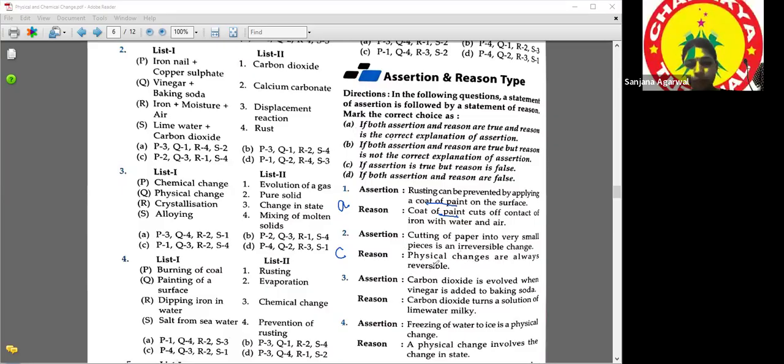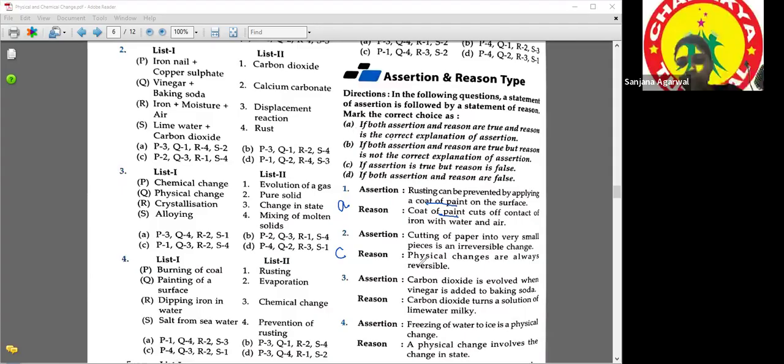Good. Third, carbon dioxide is evolved when vinegar is added to baking soda. Carbon dioxide turns a solution of lime water milky. Okay, third, Rashid correct, Rohini correct, Adrit correct. More students. Kshitij and Aishwarya incorrect.